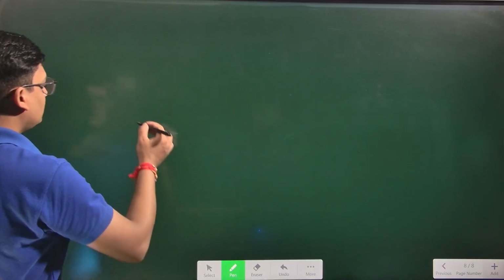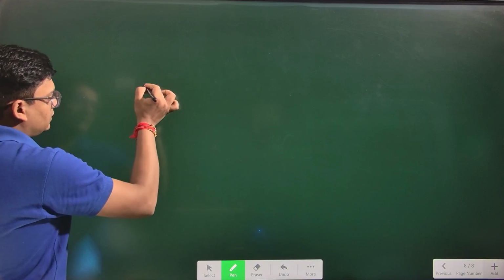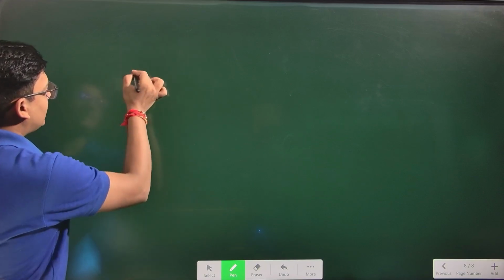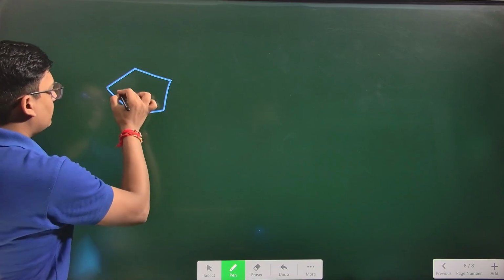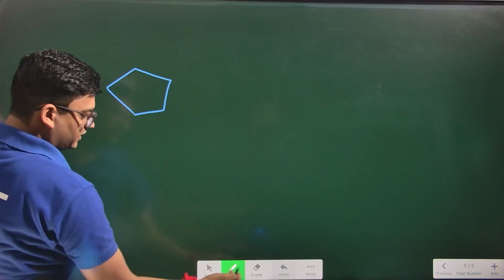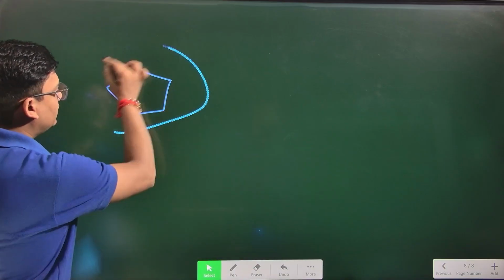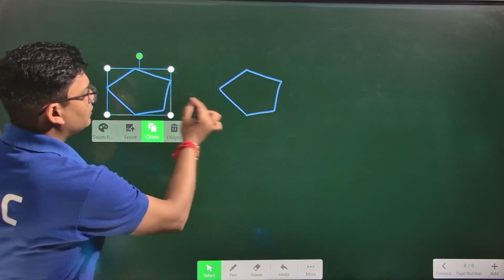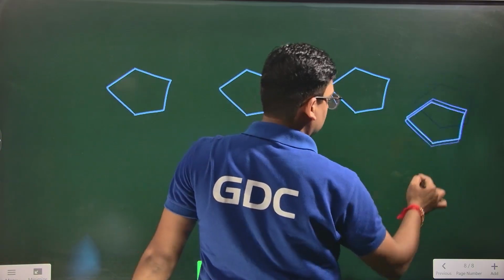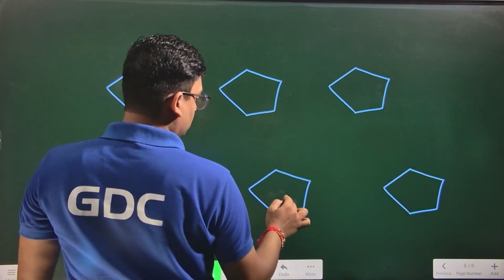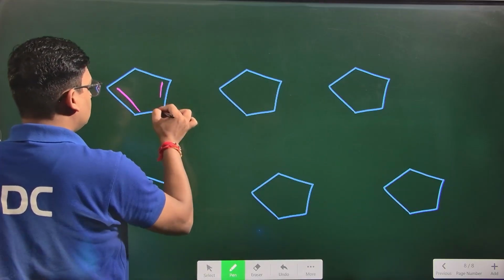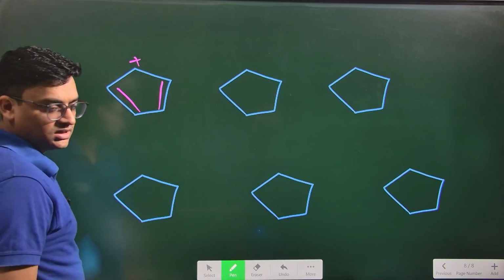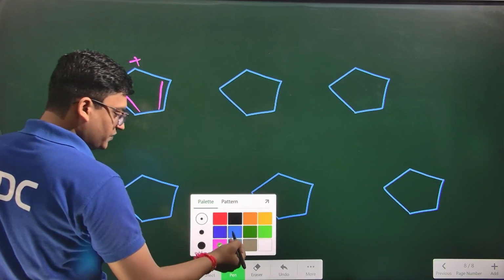Next case, let's suppose we have the cyclopentadienyl cation. What do you think for this one? Positive charge? Correct.